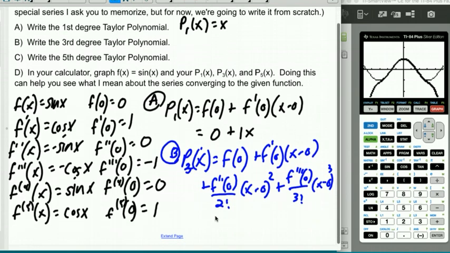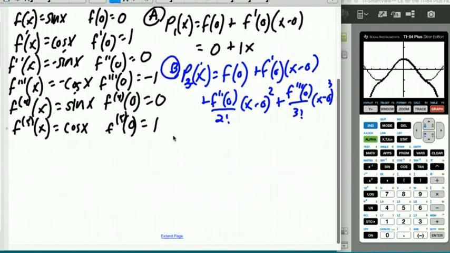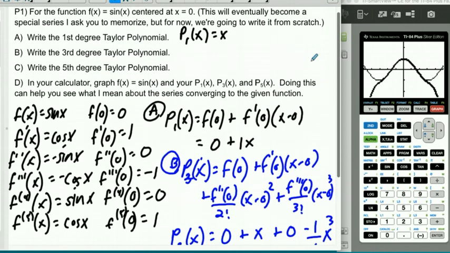Well, I'm going to clean that up using the values that we have over here, and that P sub 3 of x seems to be a 0 plus an x plus a 0 minus, because this would be a -1, so -1 over 3 factorial x cubed. So it seems to me like my P sub 3 of x is an x minus, and you can leave it as a 1 over 3 factorial x cubed, right?